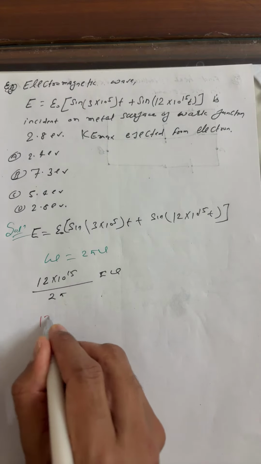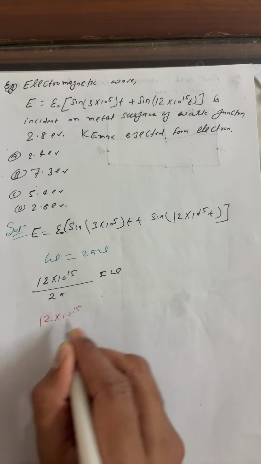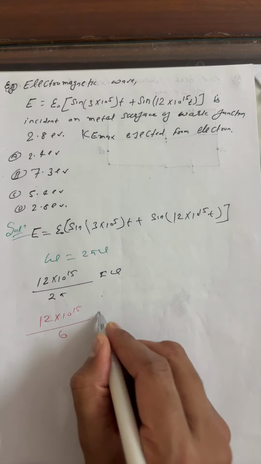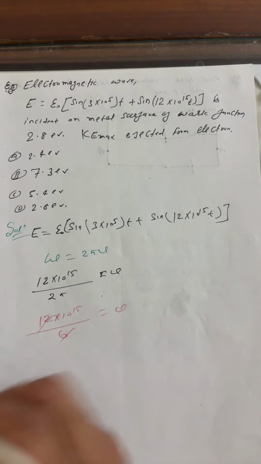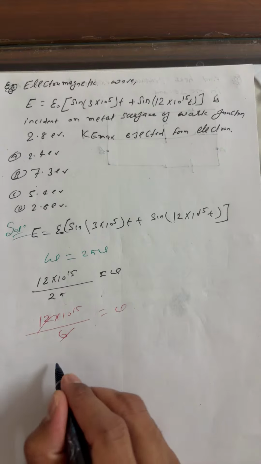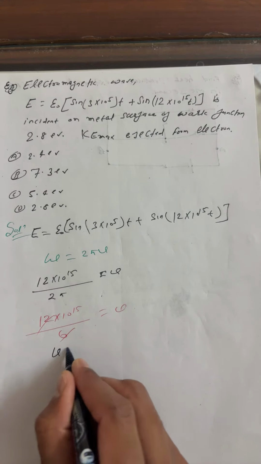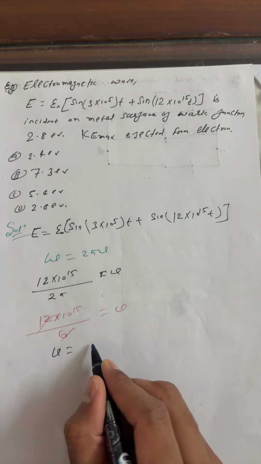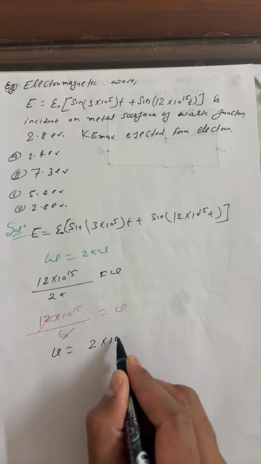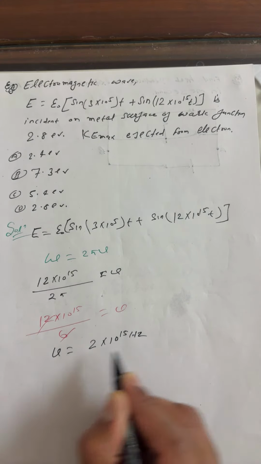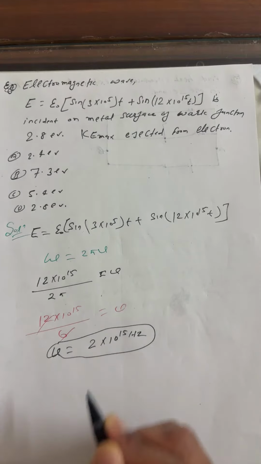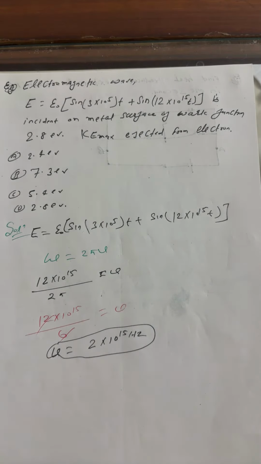So 12 into 10 to the power 15 upon 6 is equal to mu. 12 by 6 is 2. So finally the frequency is 2 into 10 to the power 15. The unit is hertz.